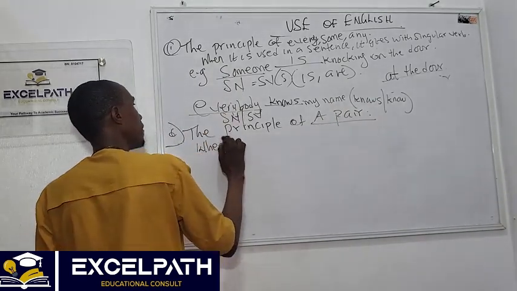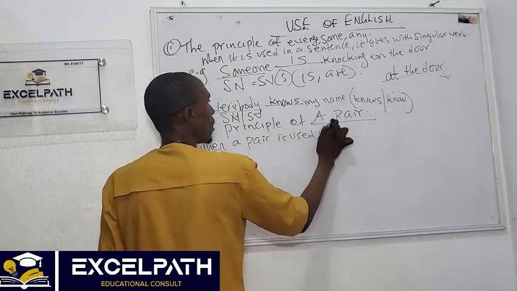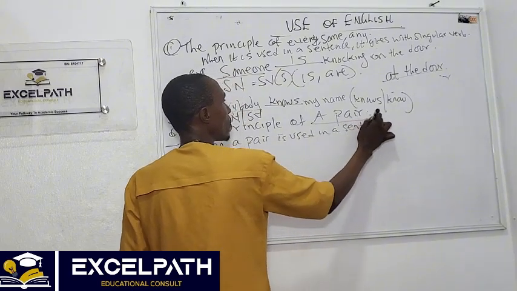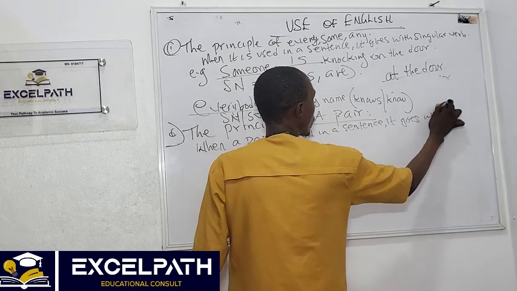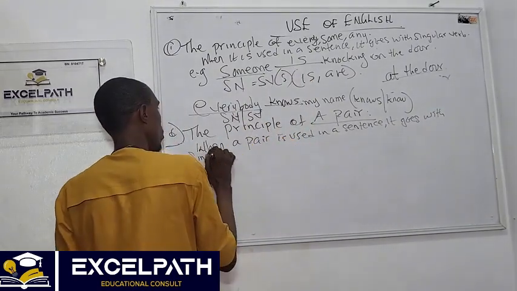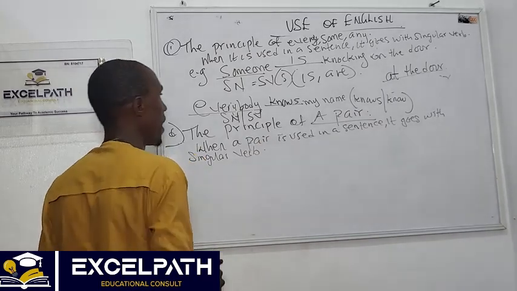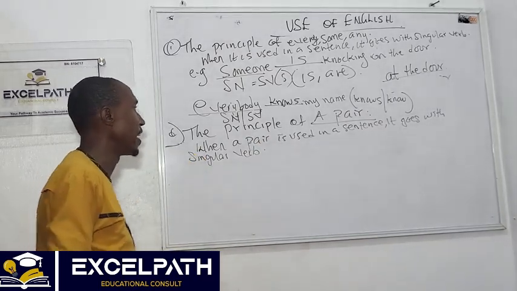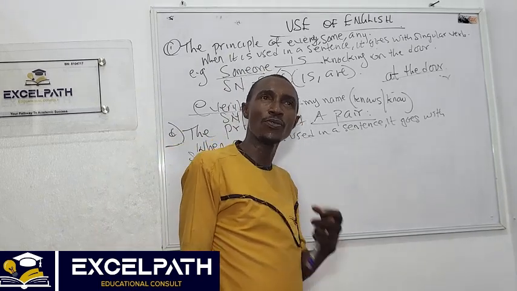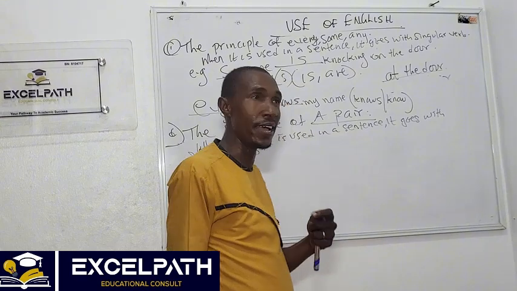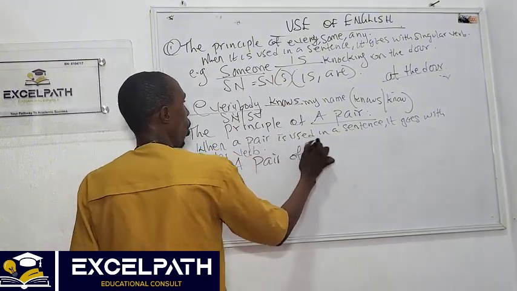When a pair is used in a sentence, it goes with a singular verb. When a pair is used in a sentence, it goes with what? Singular verb. And your singular verb must carry what? S. Take for instance, a pair of shoes.